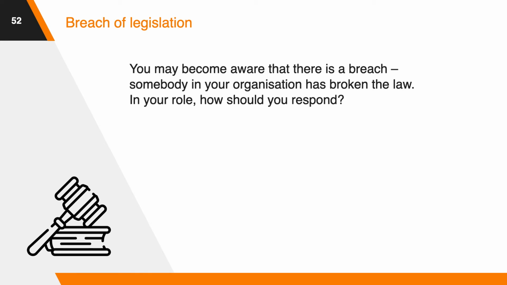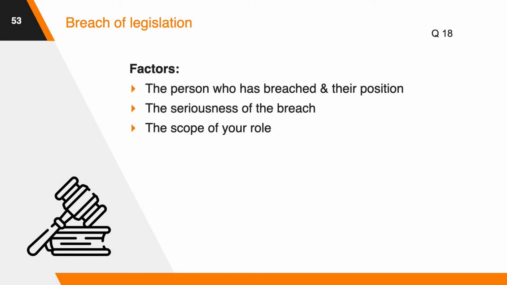Sometimes you might become aware of a breach of legislation, somebody in your organisation that's broken the law. And so in your role, how should you respond? And there are some factors that we need to consider. Firstly, the person who has broken this law and their position.